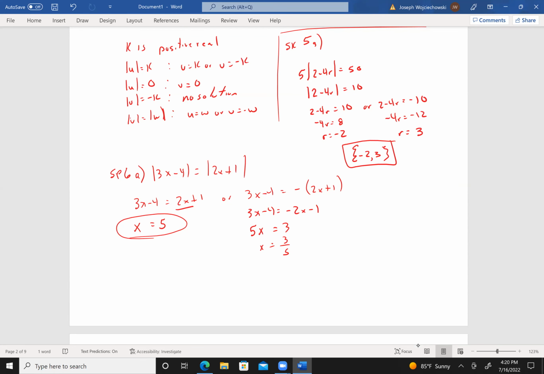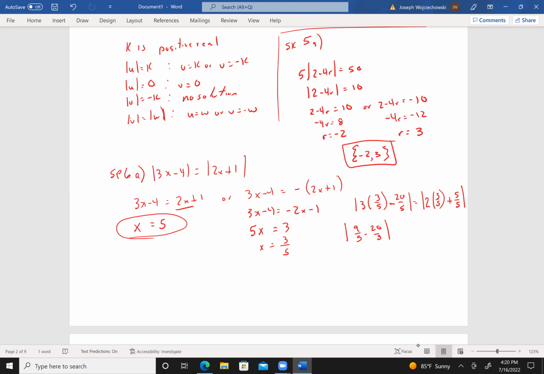Maybe let's work a little on the side here. Absolute value of 3 times 3/5 minus 4, which I'm going to go ahead and call minus 20/5, equal to absolute value of 2 times 3/5 plus 5/5. So keeping this, I have 9/5 minus 20/5.